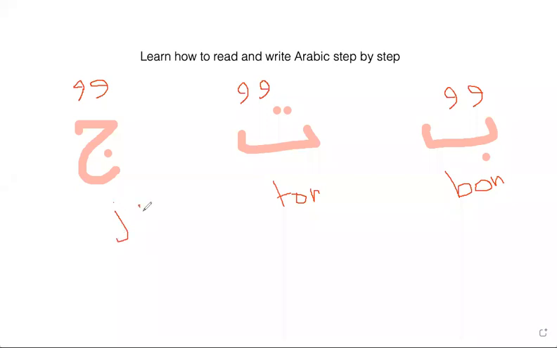So jun. Okay, you always hear the noon. And this tanween is always at the end of the word. It doesn't happen in the middle or the beginning of the word. It's at the end of the word. It's called tanween.